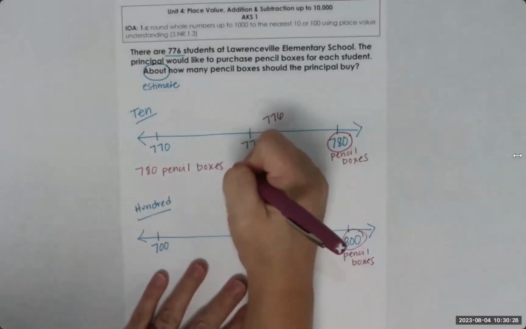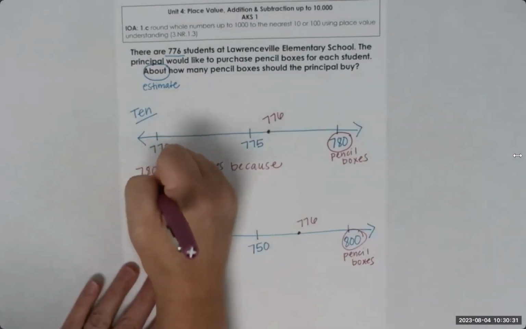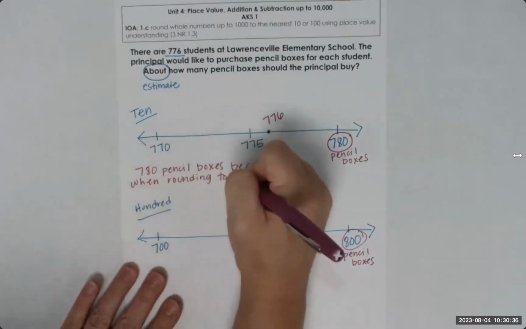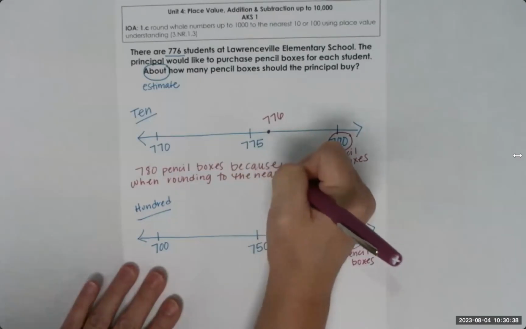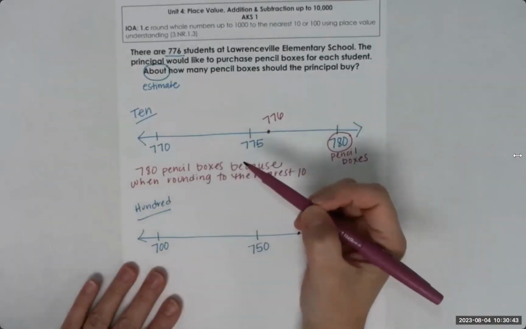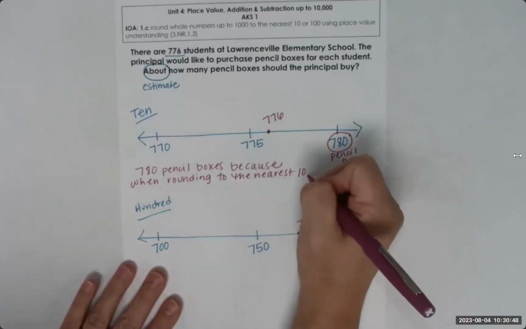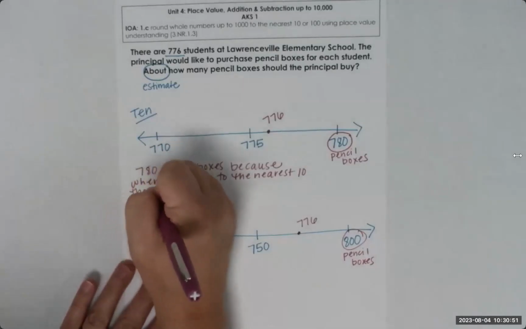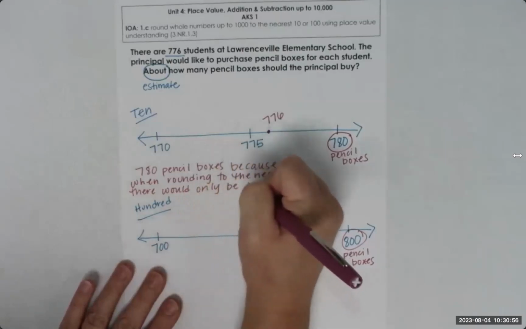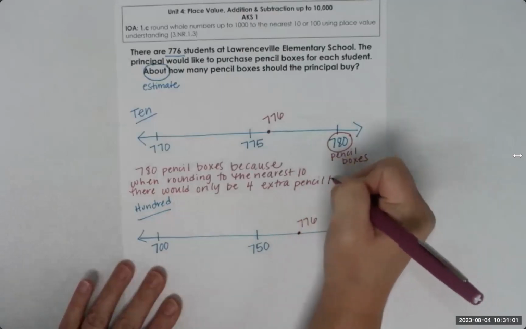Because when rounding to the nearest 10, I chose 780 pencil boxes because when rounding to the nearest 10, there would only be 4 extra pencil boxes.